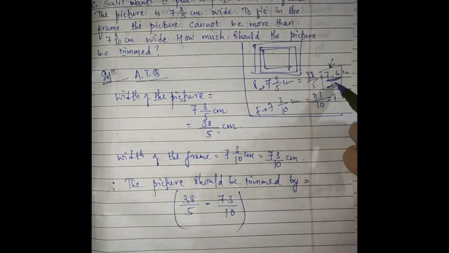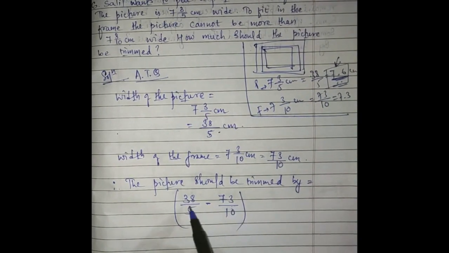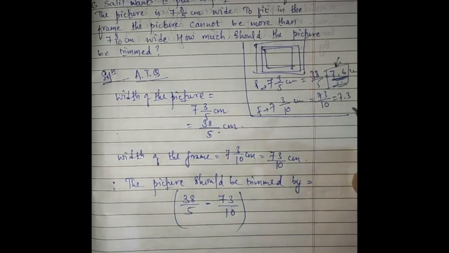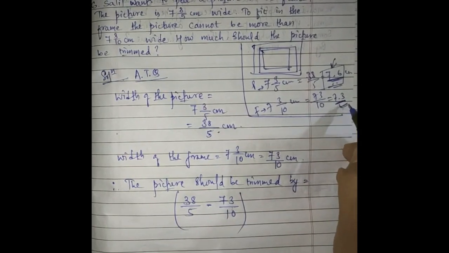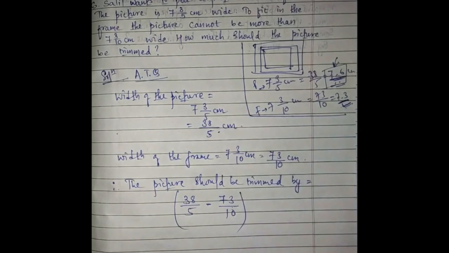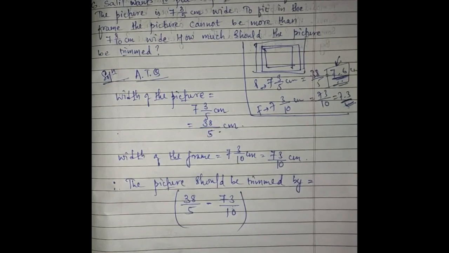So 7.6 is bigger, no? So that's why I'm putting this number here. Why not 73? Do not get confused, thinking that 38 should be smaller. No. Because when we divide and get the value, you'll see that 73 by 10 is smaller than 38 by 5. Alright, so that is why bigger number first, then minus the lower number.